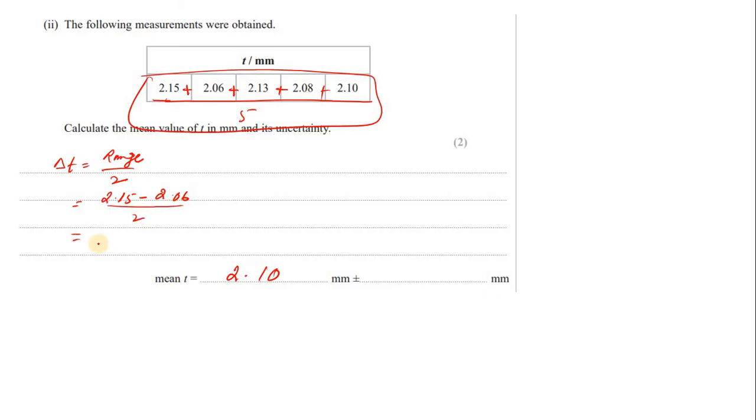So the range would be 0.09 divided by 2, 0.045. So 0.045, or you can say delta T is 0.05. Yes, 0.05 millimeter. This is your uncertainty.